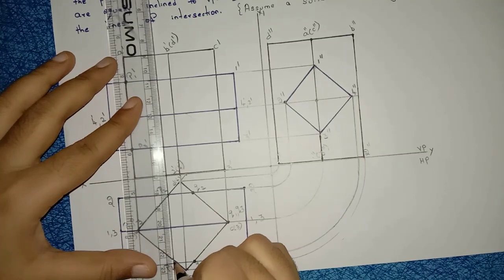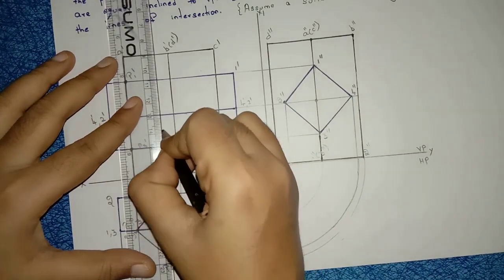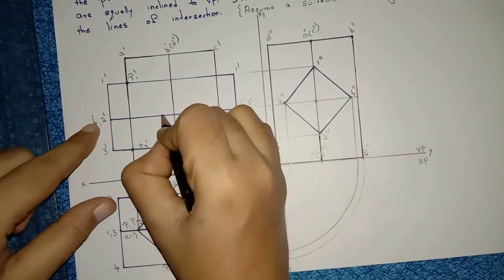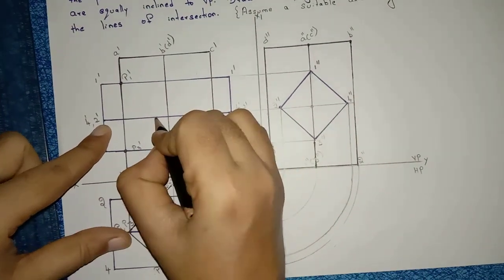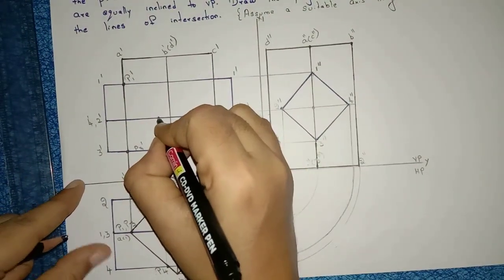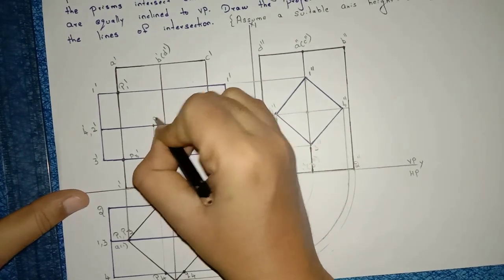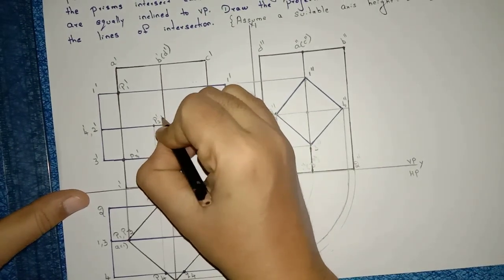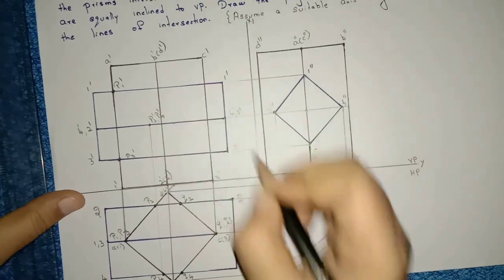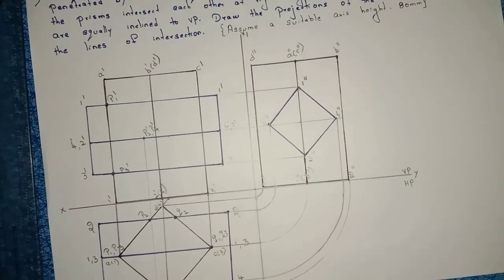From P4, P2, if you extend a line, these both points will touch here. Right? Draw the line P4, P2. Point is here. Mark the point here. Name it as P2 dash comma P4 dash. Right?